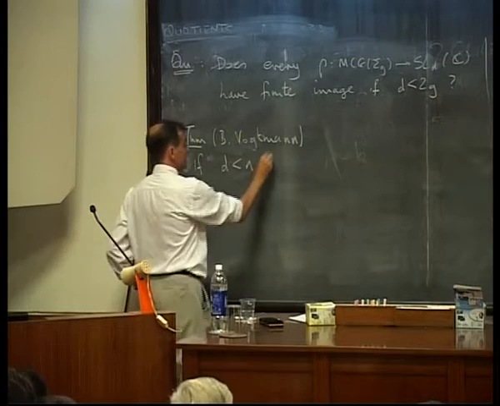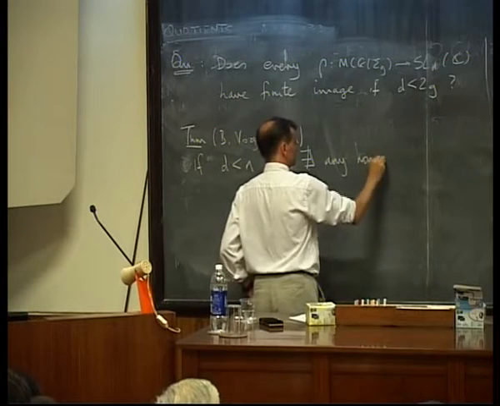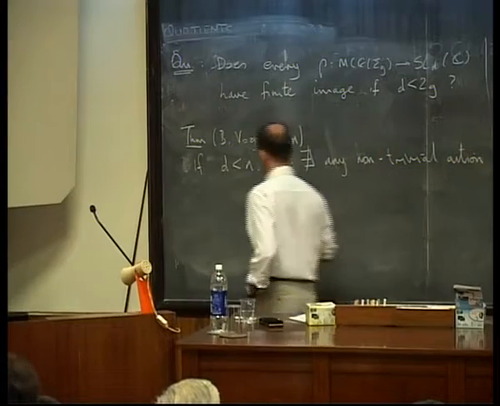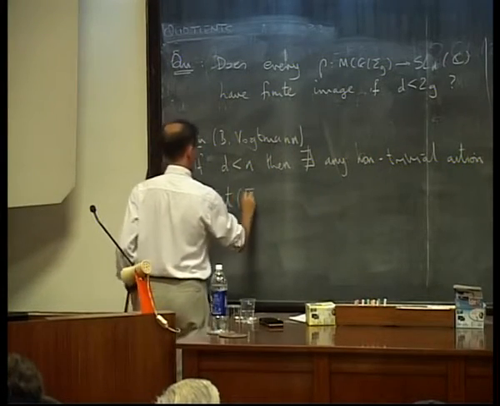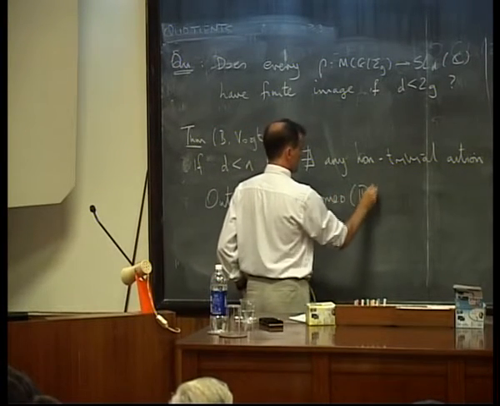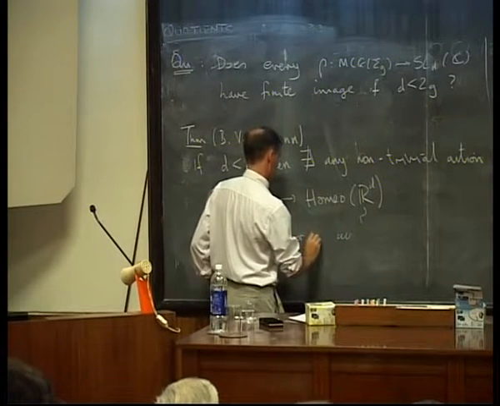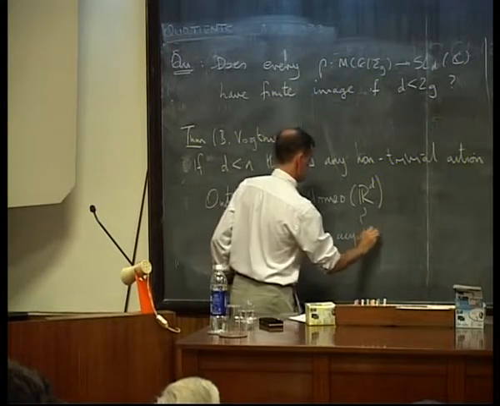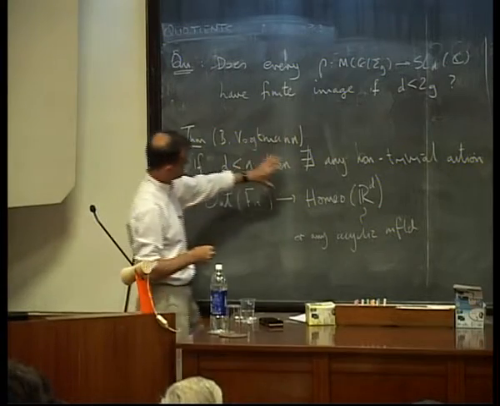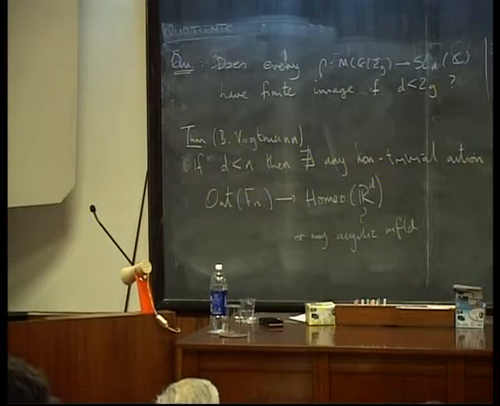If D is less than n, then there does not exist any non-trivial action of, say, Out(F_n), even by homeomorphisms, on R^D. Well, in fact, here you can have any acyclic manifold. Okay. So this is sort of a stronger version. And so the linear version of this is saying there's no representations below that dimension. But there's nothing at all below that dimension.